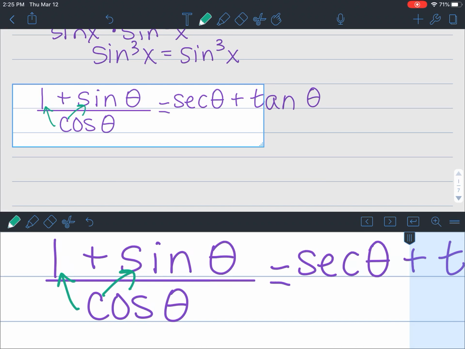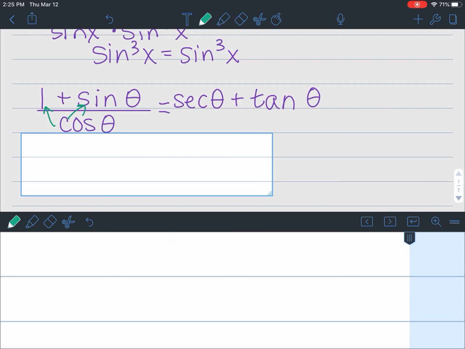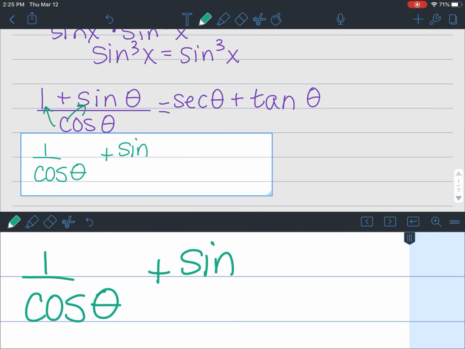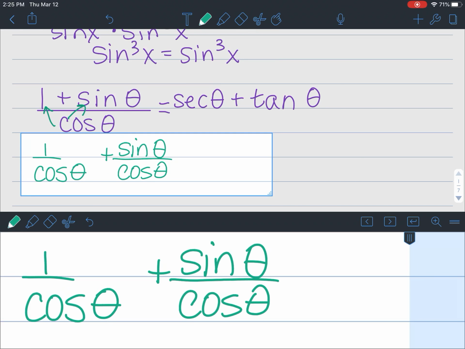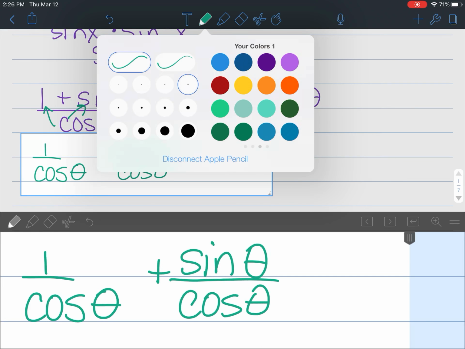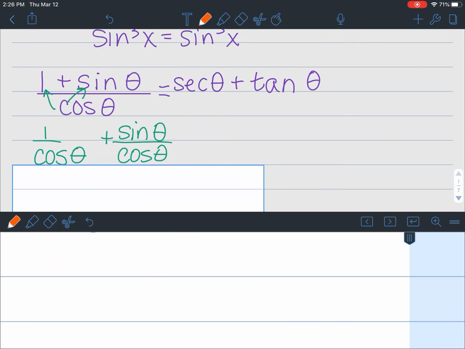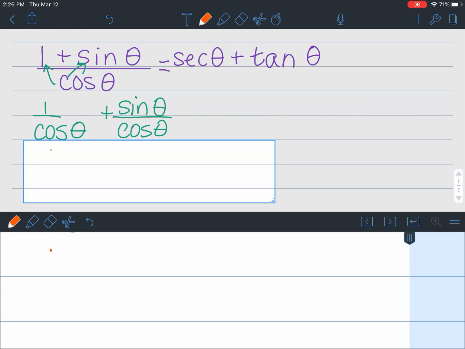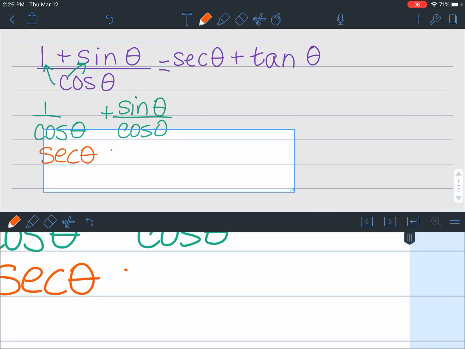So I'm going to divide each term of the numerator by the denominator. Some of you might be able to see we're almost done. What is 1 over cosine? Secant. And what's sine over cosine? Tangent. And I'm done.